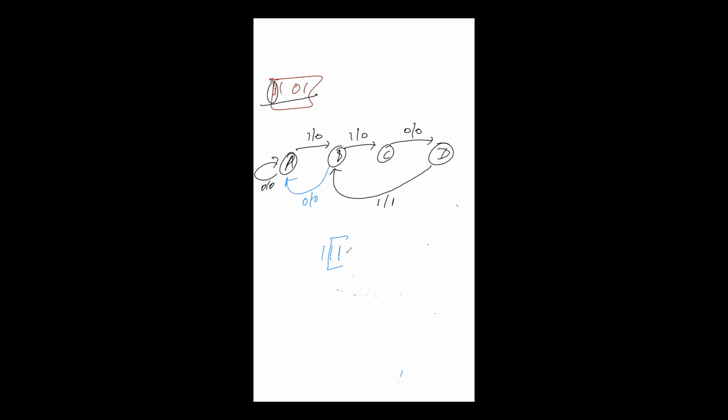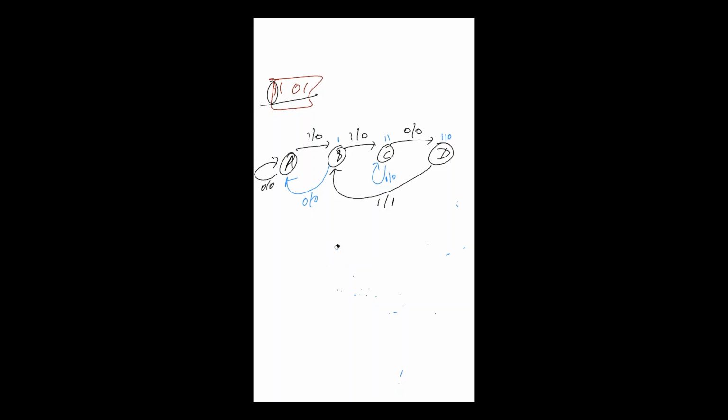You can utilize this one and you will remain at C only. If you're getting 1 input, output will be 0, right? Because up to this point you have got 1 1, and if you are getting 1 as your input, it will remain at C only, right? Because you can use these two bits. I hope this is clear.